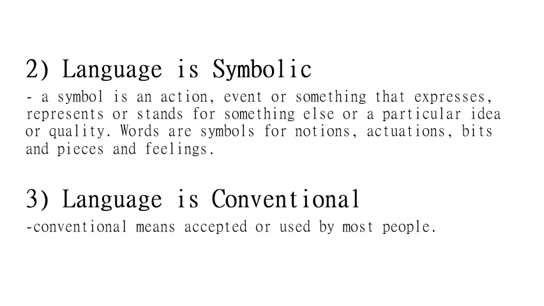Language is symbolic. A symbol is an action, event, or something that expresses, represents, or stands for something else, or a particular idea or quality. Words are symbols for notions, actuations, bits and pieces, and feelings. So what is language symbolic, class?